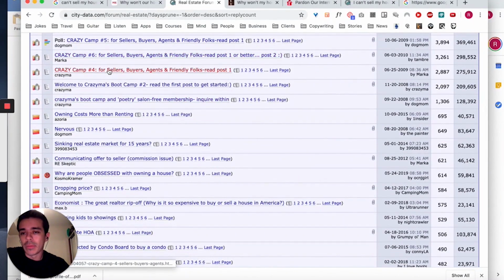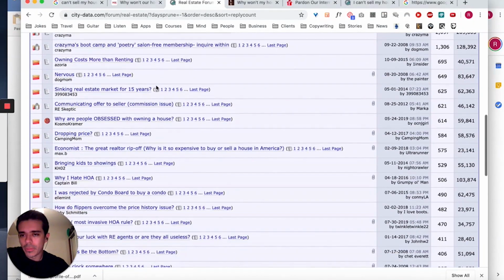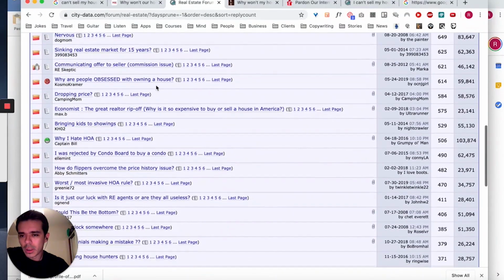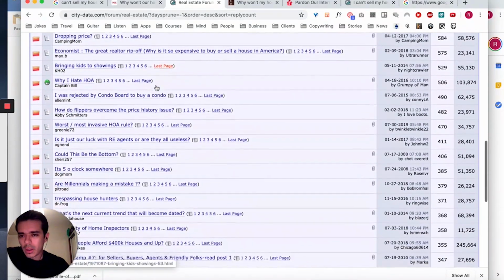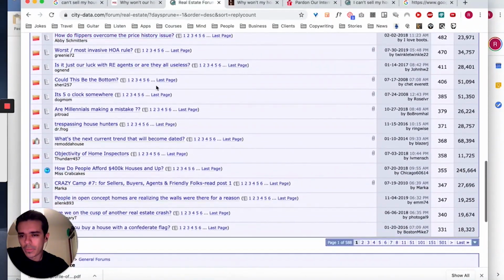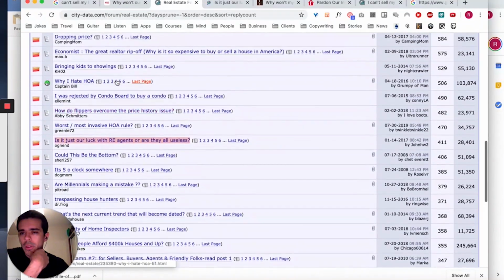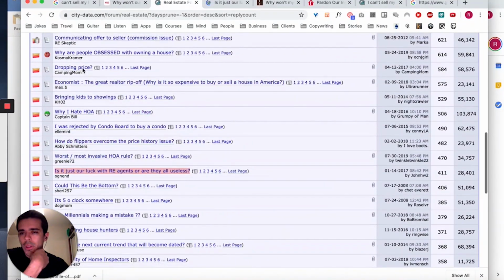So I opened up this camp thing before, and it's weird. It's actually camping. So I'm gonna ignore that. But I did find some good stuff in this. For example, this one. Dropping price.